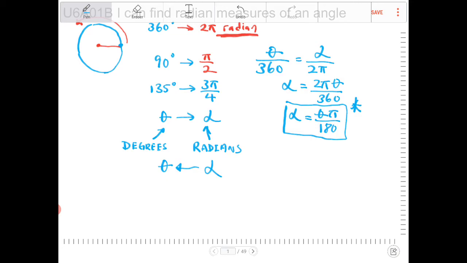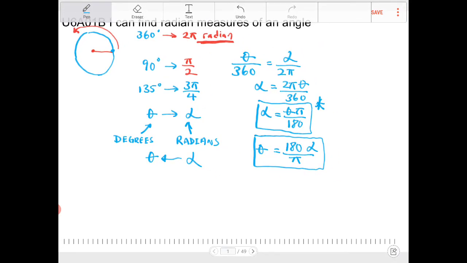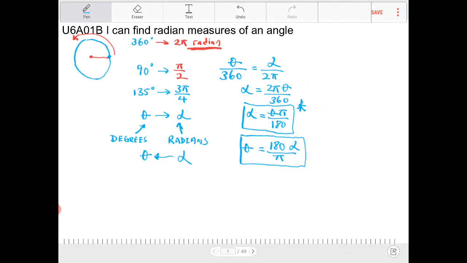If I isolate this, I multiply both sides by 180 and then divide by pi. I'll end up with theta equals 180 alpha over pi. This is the conversion going the other way. Take a moment and digest this. We are going to apply this in a moment.